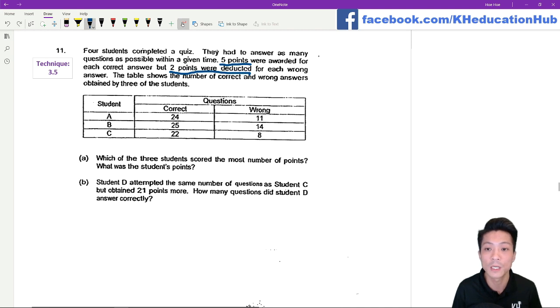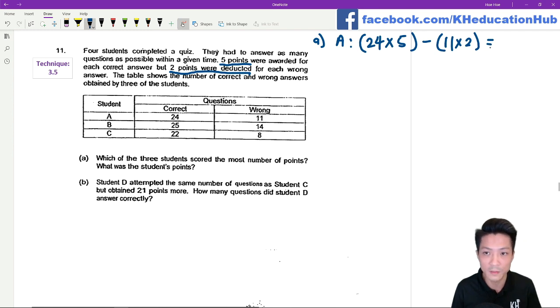In this case, we can calculate. For student A, correct will earn you 5 points, and wrong will have 2 points deducted. This will give me 98.